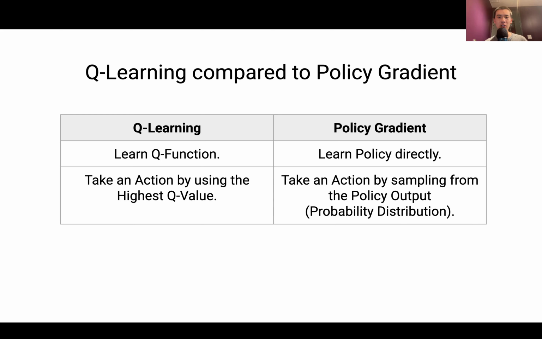All right, so quick comparison of Q-learning to policy gradients. In Q-learning, you learn a Q function and you take an action by using the highest Q value, whereas with policy gradients, you learn the policy directly and you take an action by sampling from the policy output, a probability distribution.